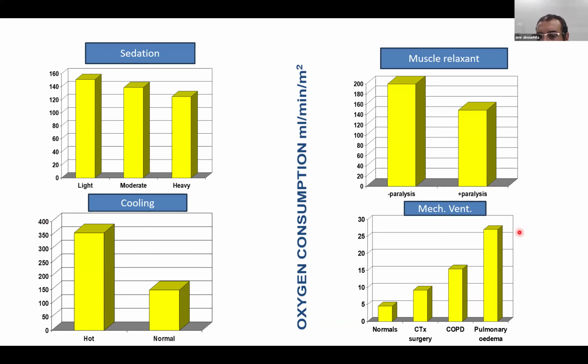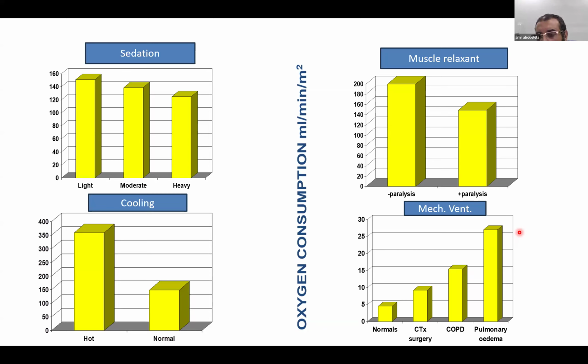divert all the oxygen consumption in the respiratory muscles to more vital organs like the brain, the heart, and kidneys, and you are saving too much energy and too much oxygen consumption. That's why, if you remember the classification of respiratory failure, we are talking about type 1 and type 2, hypoxemic and hypercapnic respiratory failure. Remember that type 4 respiratory failure is shock.